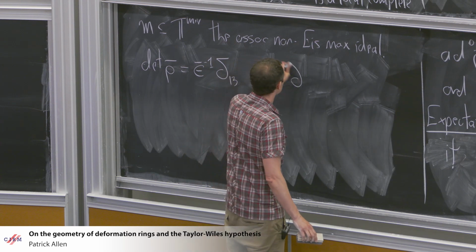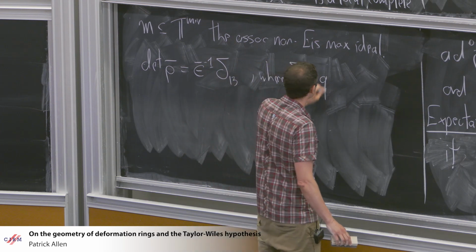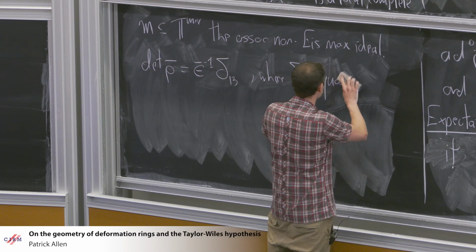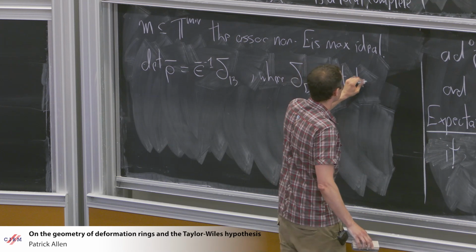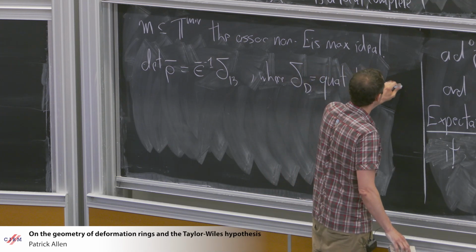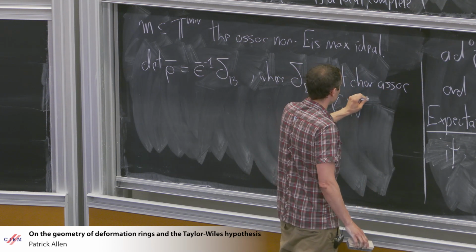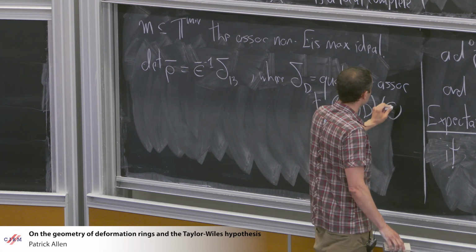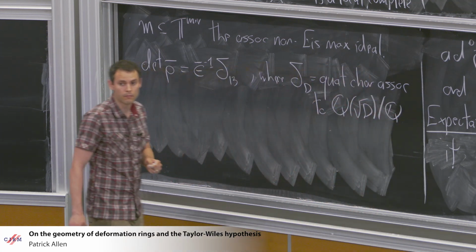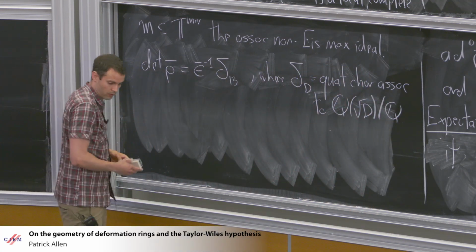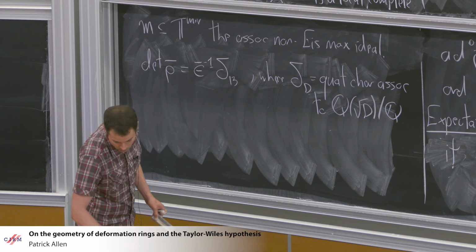Where delta_D equals the quadratic character associated to Q adjoin square root D over Q. This is sort of what the Nebentypus is, modulo 3.